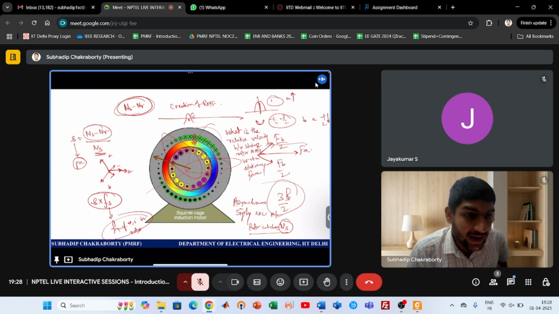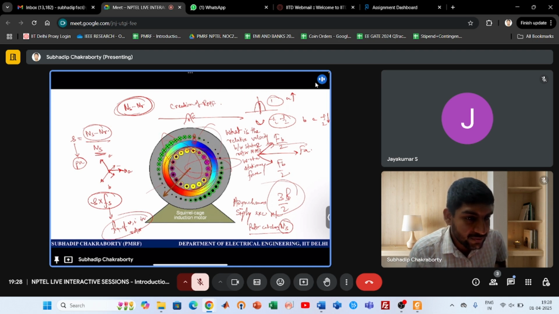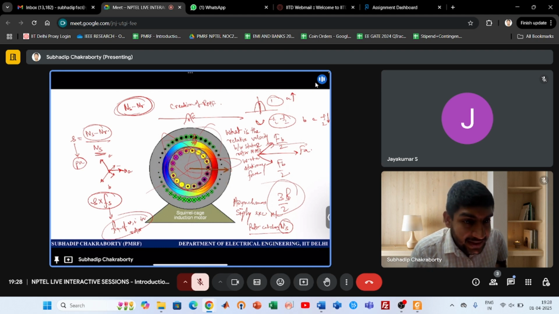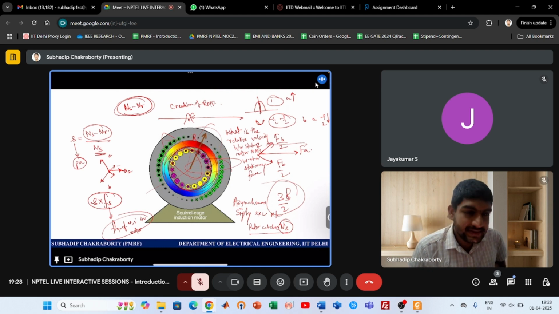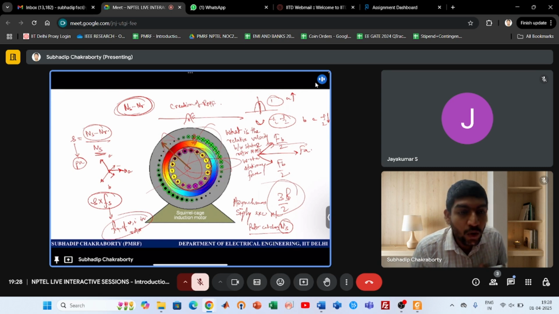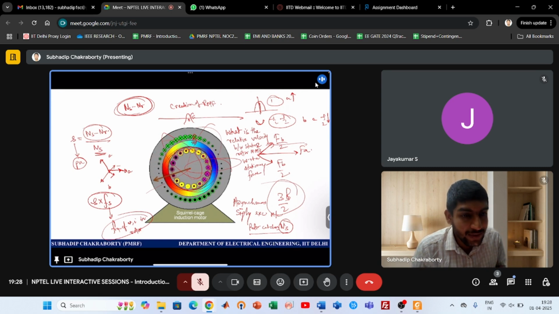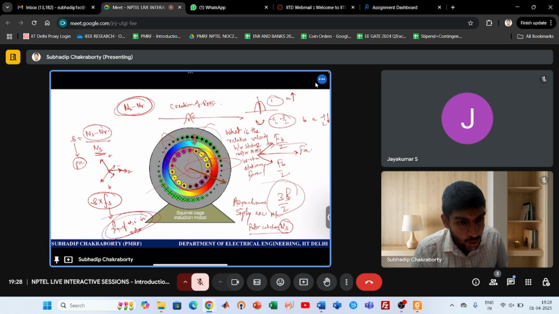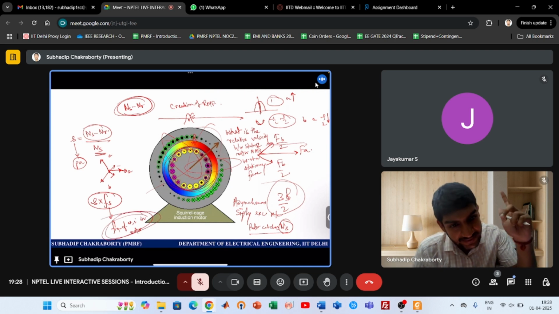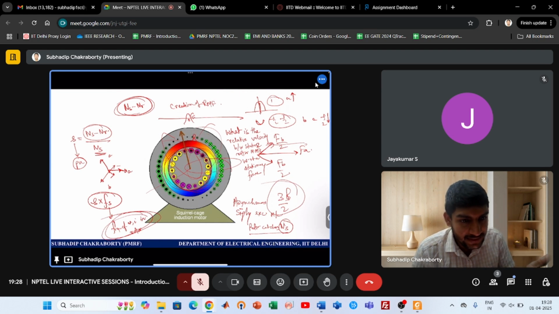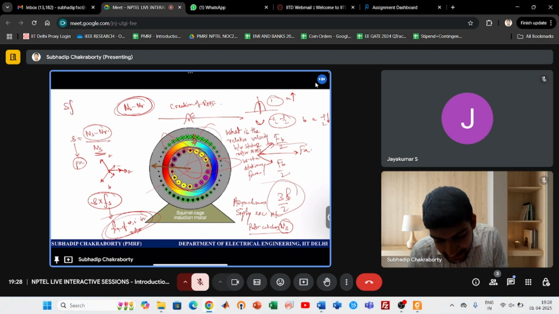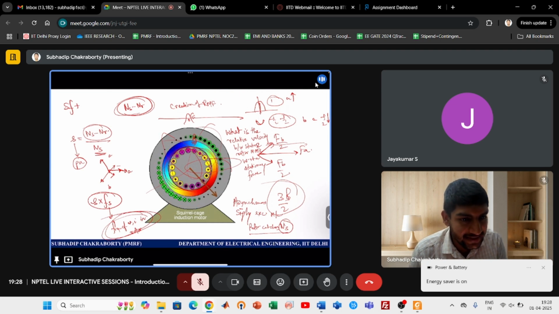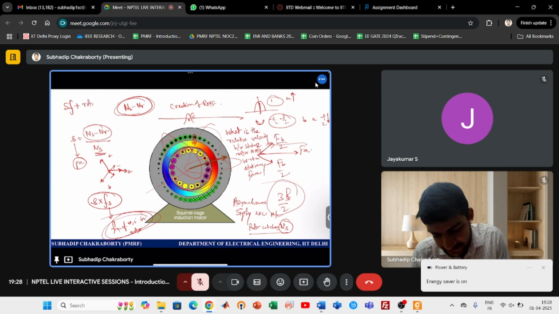Okay, understood. But what is the speed of the rotor MMF with respect to a stationary frame of reference? It will also be the synchronous speed itself. So the rotor MMF is also rotating at the synchronous speed. Why? Because the frequency of the rotor currents or voltages creating that field is the slip frequency, plus the rotor speed.